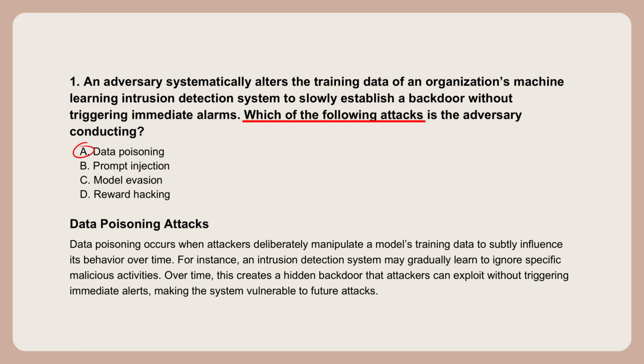That is a highly accurate way to visualize it. You are manipulating its foundational understanding of what a threat is. Relying on that specific definition provided in the text allows us to break down the incorrect options. B, C, and D simply do not fit the source's explanation of an attack that manipulates training data to establish a backdoor. They just don't involve corrupting the foundational data.